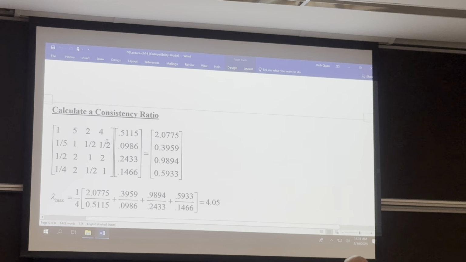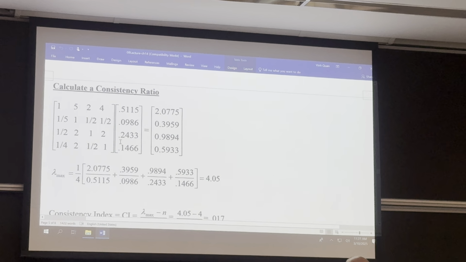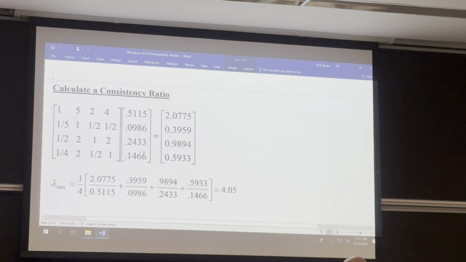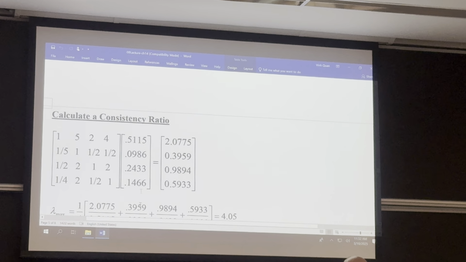So to calculate the consistency ratio, the first step is you take your comparison matrix and you multiply by the so-called priority vector, right? So we take this matrix that we have here and we multiply by this column here, right? And maybe I will go back here just to make sure you remember.